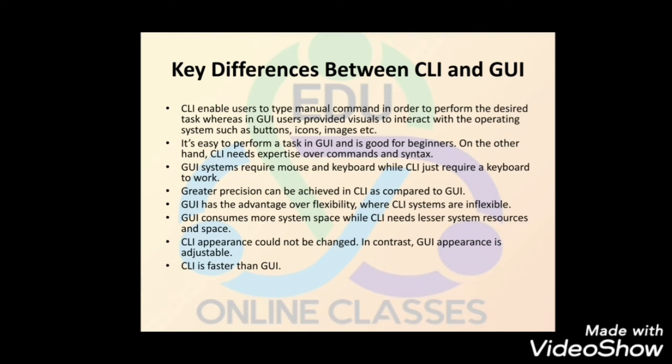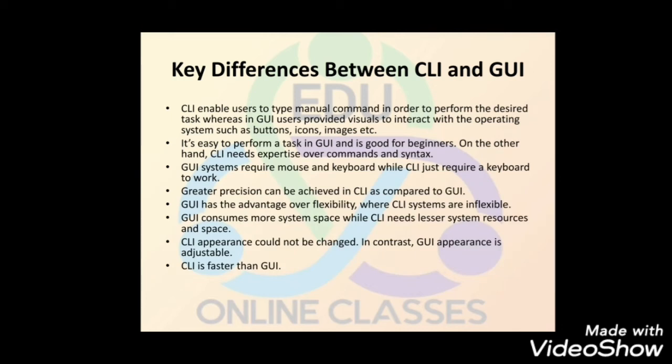So the major difference between the CLI and GUI is that CLI enables you to type manual commands and GUI provides you easy interaction with the visuals, and by using buttons, icons, images, we can interact with the OS. Next, it is easy to perform a task in GUI for beginner users.